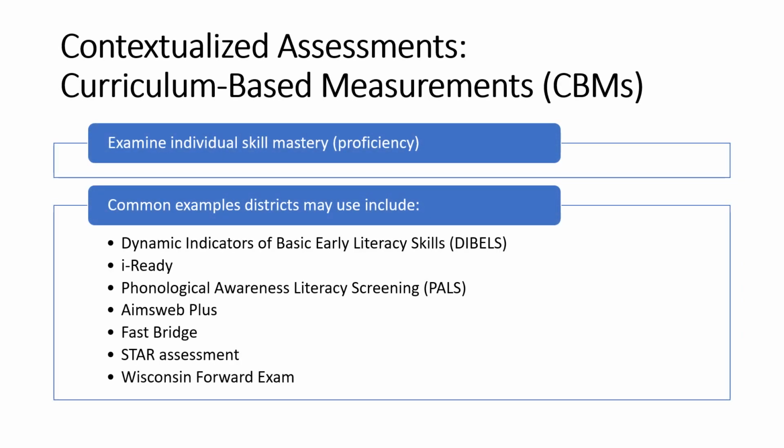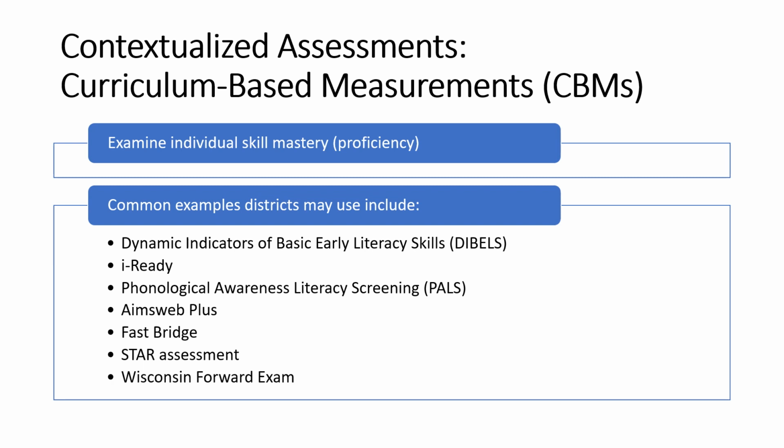Then we have some contextualized assessments, and these are often referred to as curriculum-based measurements or CBMs. These are different than curriculum-based assessments because they're not always tied to a specific curriculum, and they measure students' academic growth along with evaluating the effectiveness of classroom instruction.